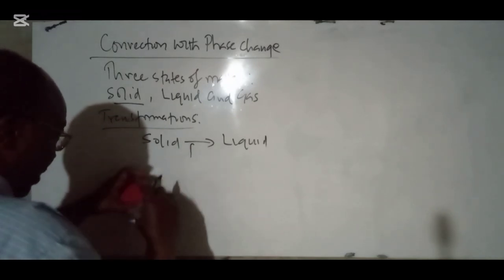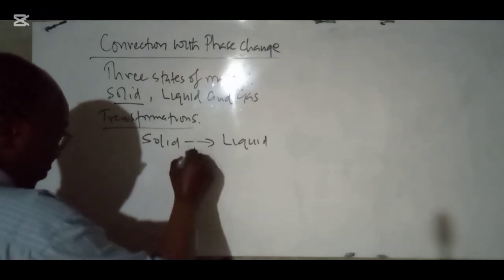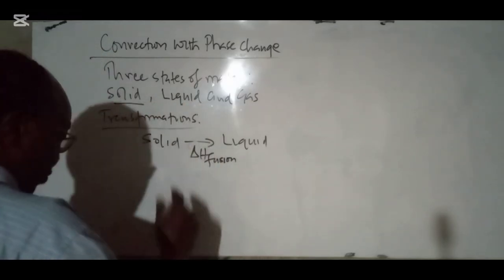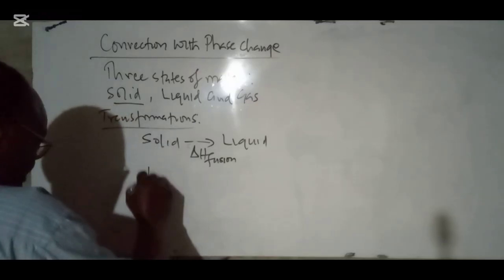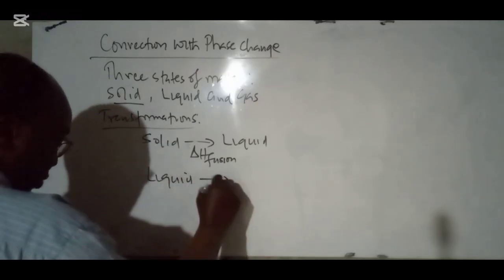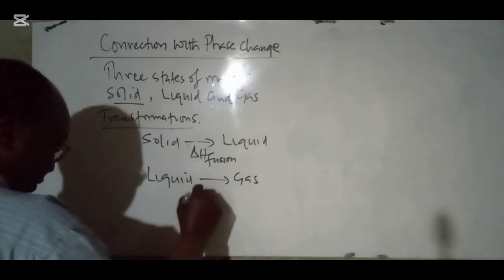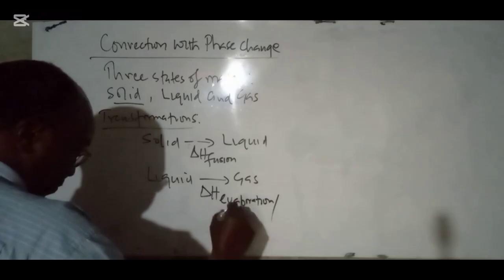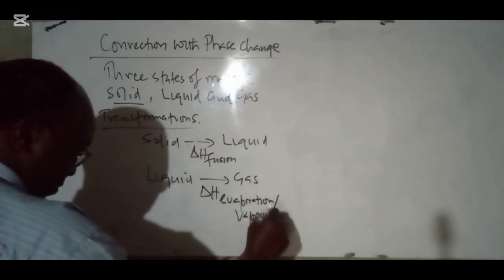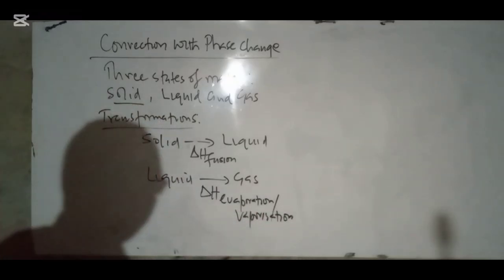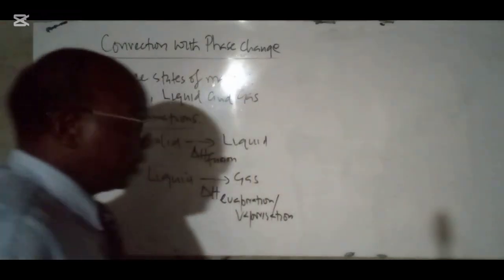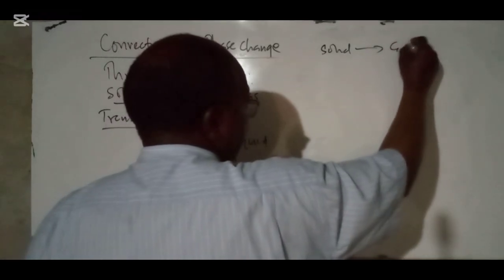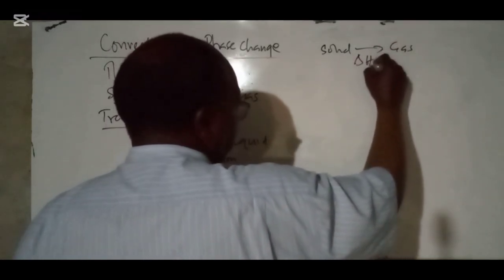The enthalpy change accompanying that process is normally called delta H fusion. And we can have liquid going to the gas phase in a process which we call evaporation or vaporization. The third process is where we have the solid going to gas, and that process is called sublimation.